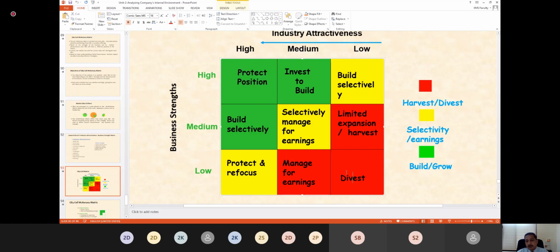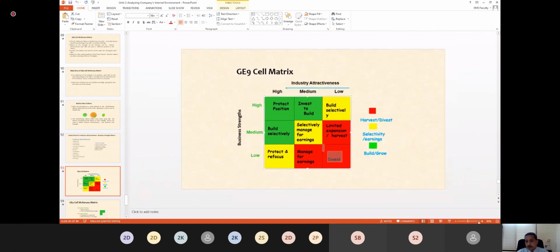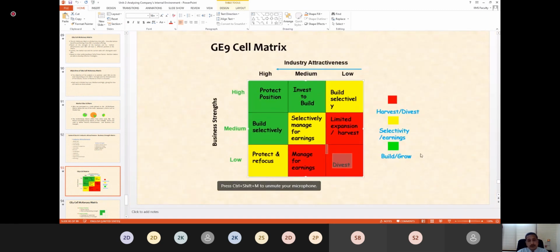And this cell, which is characterized by low industry attractiveness and low business trends, we can take a decision of divesting from this type of business unit. So these 9 cells we have discussed.